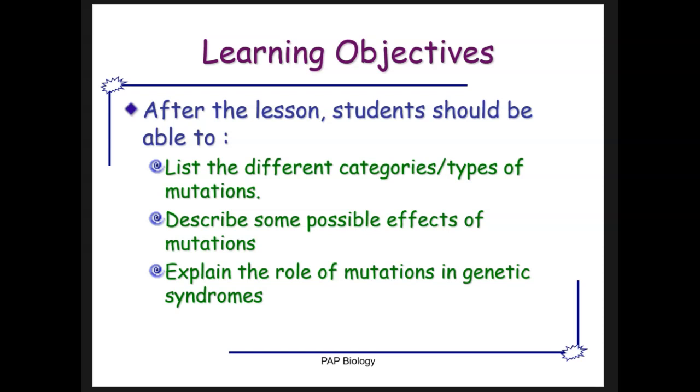Your learning objectives for this lesson are: students should be able to list the different categories or types of mutations, describe some possible effects of mutations, and explain the role of mutations in genetic syndromes. Mutations can be classified several different ways.